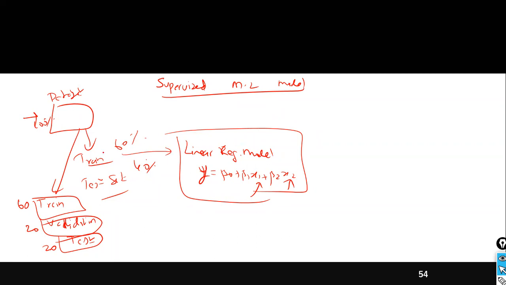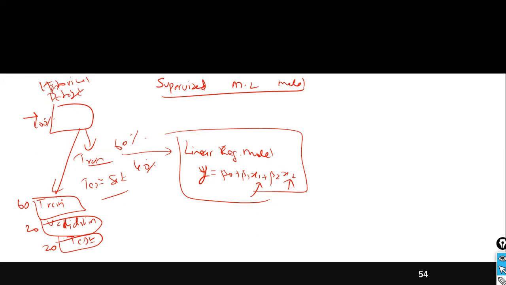Obviously, this data set will have the independent variables, and then the labeled output variable will be there. Since it's a regression model, your actual value will be there. Independent variable and dependent variable will both be there. Let's say this is the historical data set, and you split this into train and test sets.